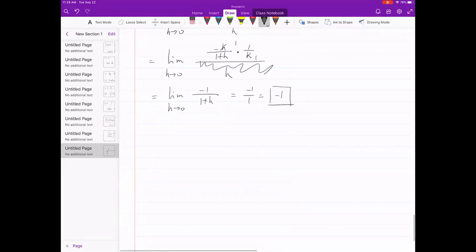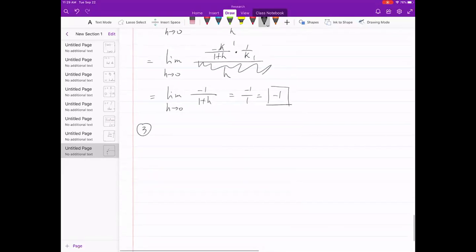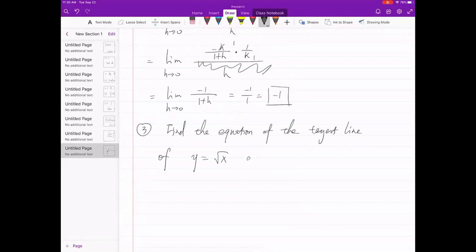It's just web work after web work. Number 3, find the equation of the tangent line of y equals this at x equals 1.